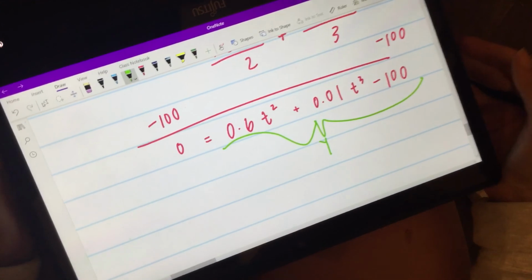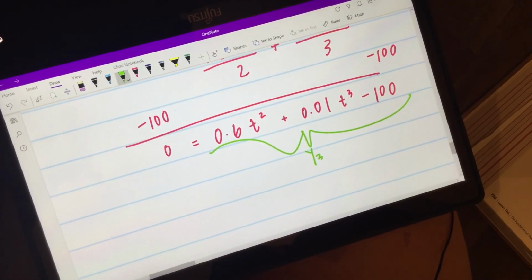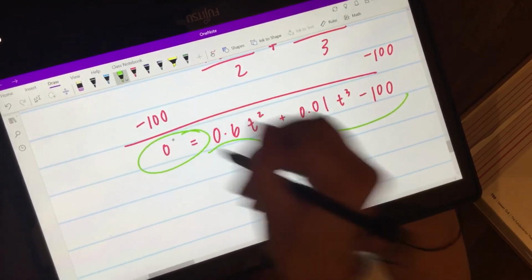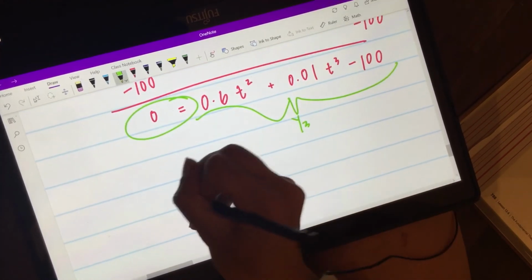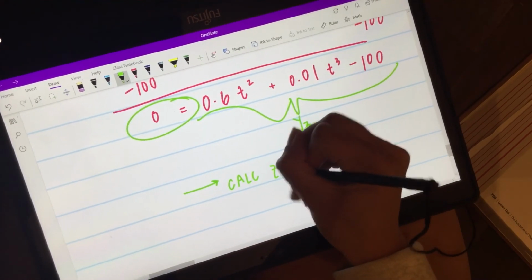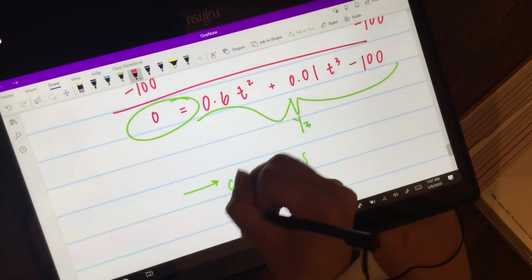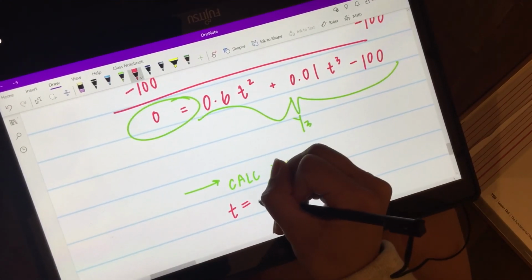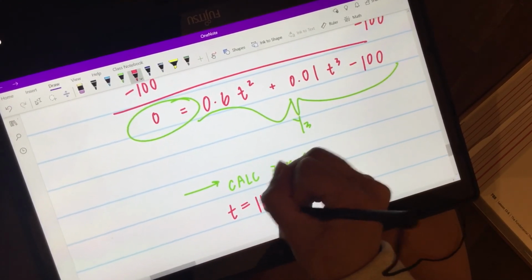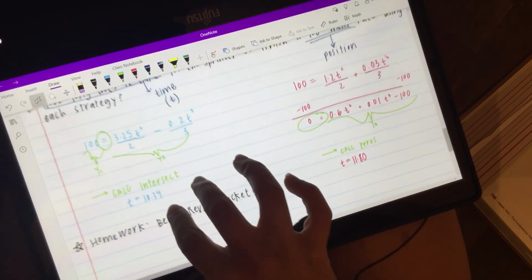Since we already used up y1 and y2, I would plug this into y3. And since it's equal to 0, what we need to calculate on our graph is calculate zeros. If you do that correctly, you should get t equals 11.80.